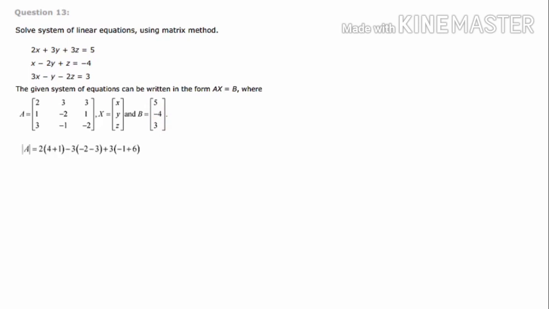Then let's calculate determinant A, expanding along the first row. 2 into, for that row and column is eliminated, minus 2 into minus 2, that is 4, minus into minus is plus, 1 into 1 is 1, so 4 plus 1. Next sign is minus, element is 3, and that column and row is deleted.